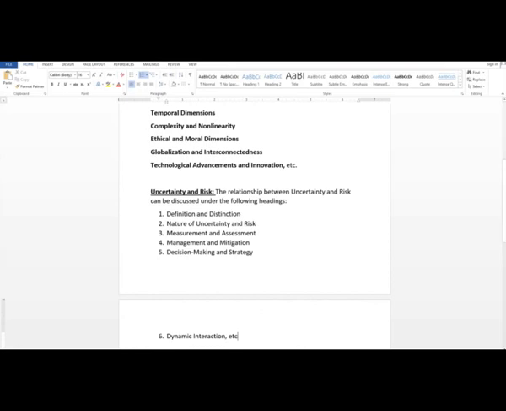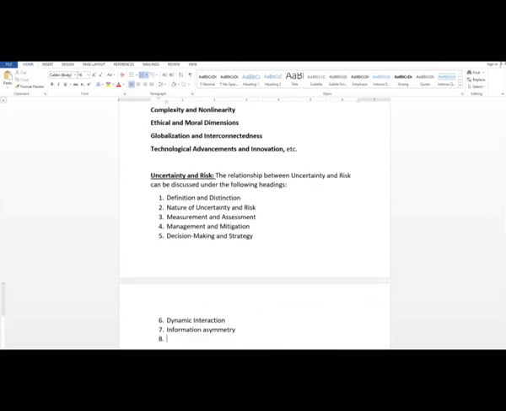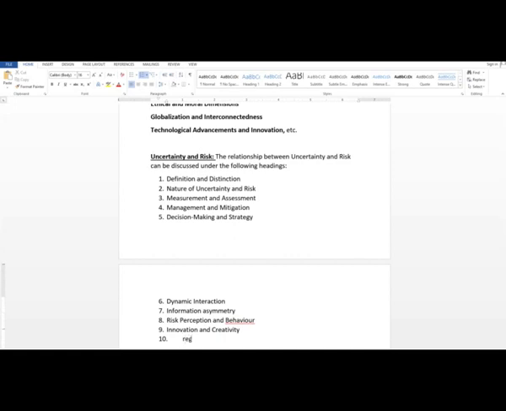Like I mentioned earlier, we have other points. The seventh one here is information asymmetry, as explained just now. We also have innovation and creativity. We have regulatory and compliance risk.